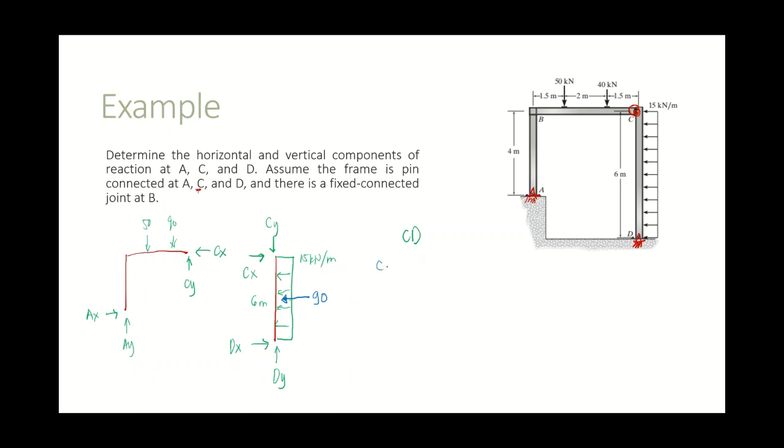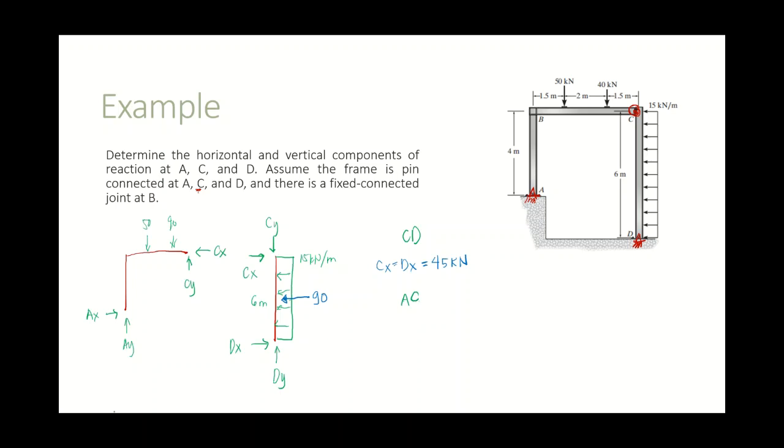Therefore, ang CX is equal to DX. Equal siya sa 45 kilonewton. Now, for the value of DX, CX, DX. Now, for the value of DY and CY, we can't compute it yet. So, punta naman tayo sa segment AC.